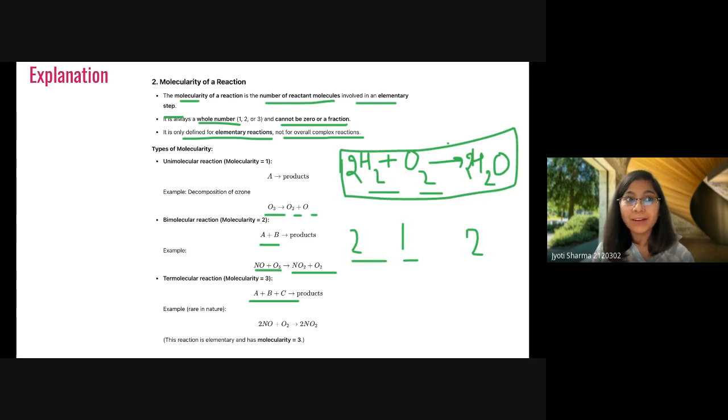If it is completed in two steps, then in each step we need a number of molecules of the reactant, and based on that, for each step we can tell about the molecularity. We can't tell about the molecularity for the whole reaction. Okay, so this is how molecularity is different from the order of the reaction and the balanced equation, right?